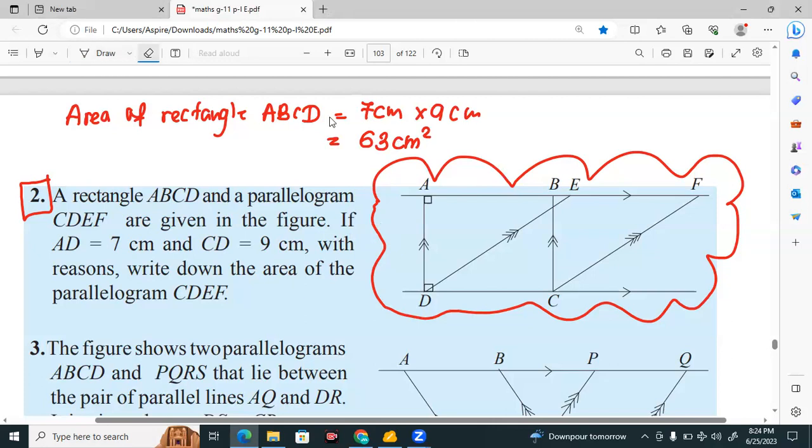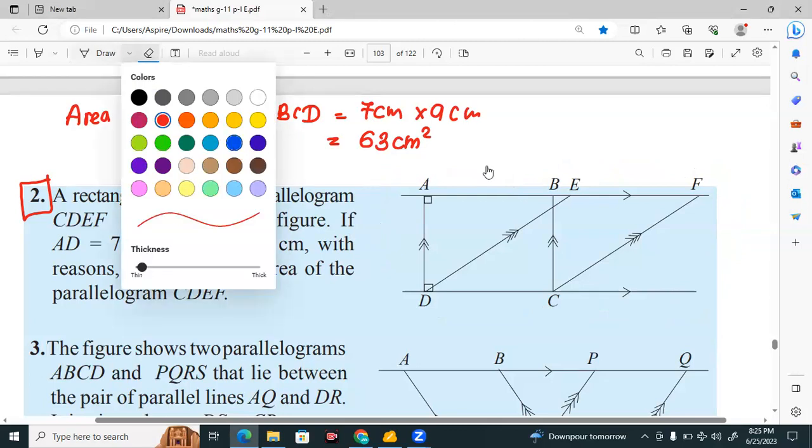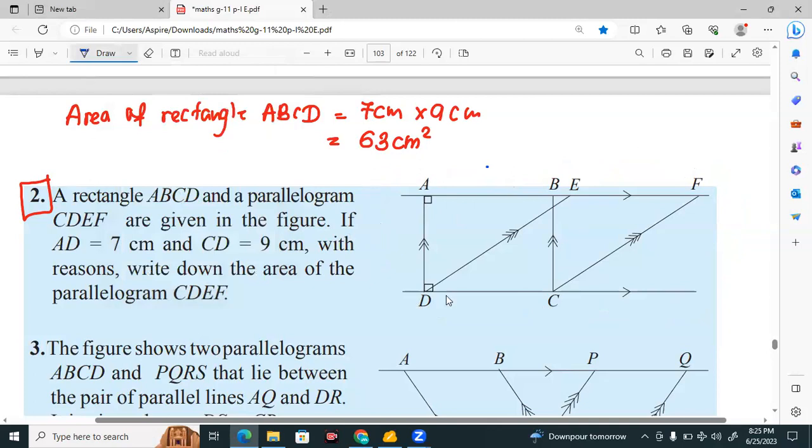Then after that you can write the relationship. We have to build up a small relationship. What is it? The relationship between the area of rectangle ABCD and parallelogram CDEF.